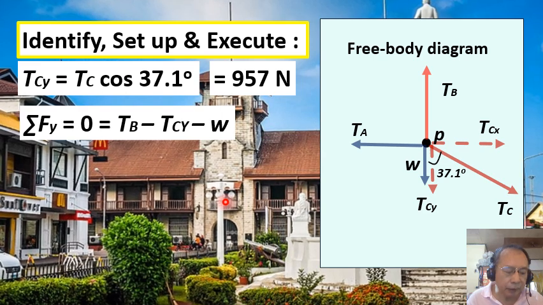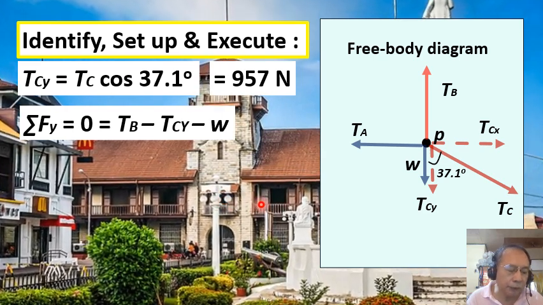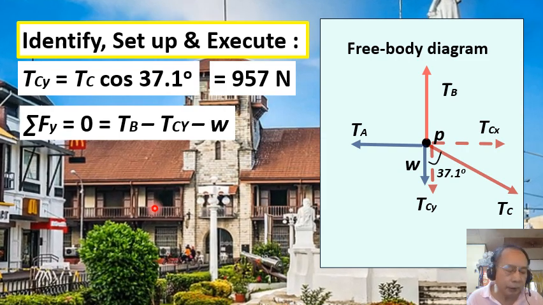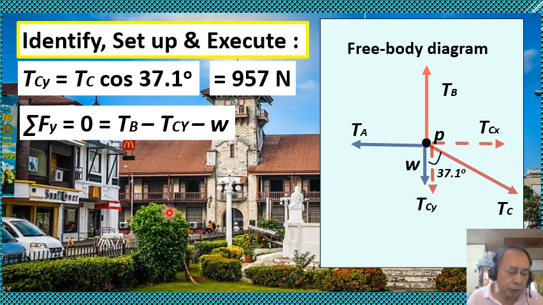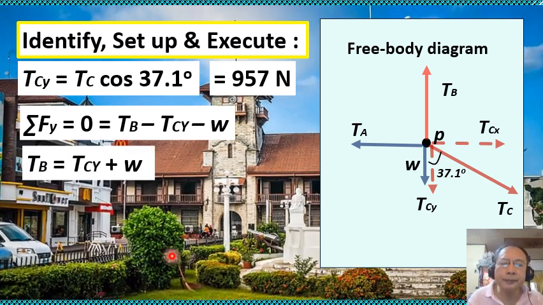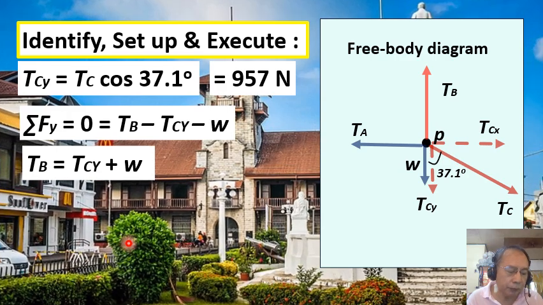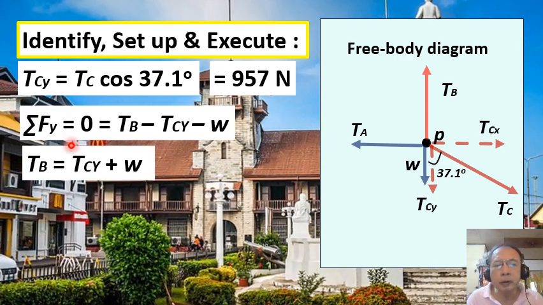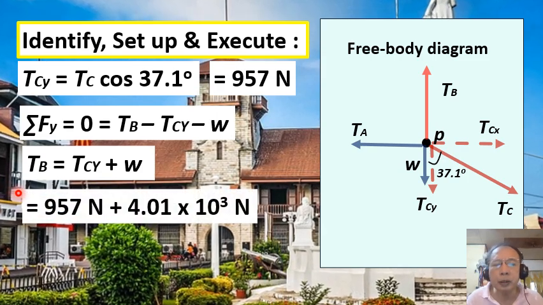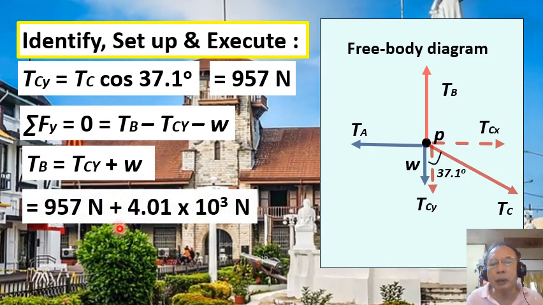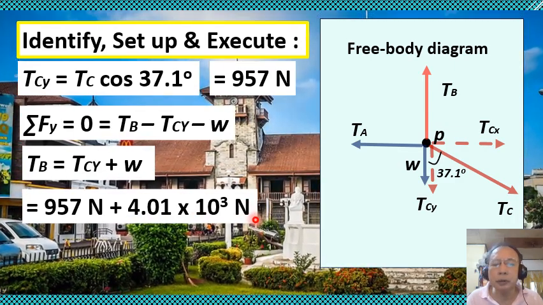Thus, the tension TB must be equal in magnitude to the vector sum of TCy and weight W. That is, TB must just be equal in magnitude to the sum of TCy plus W, or substituting, we have 957 newtons plus 4.01 times 10 to the third power newtons.